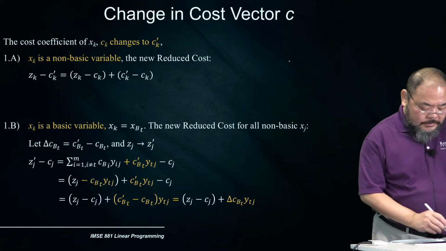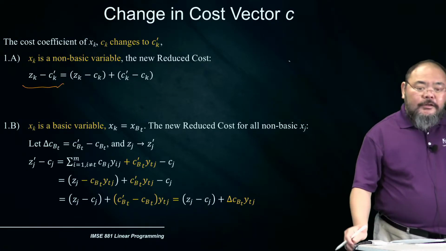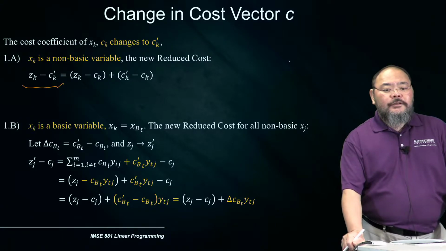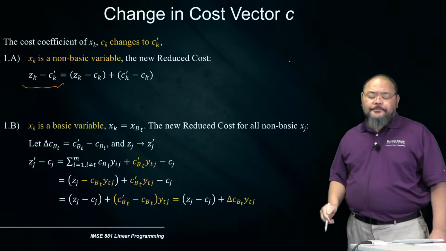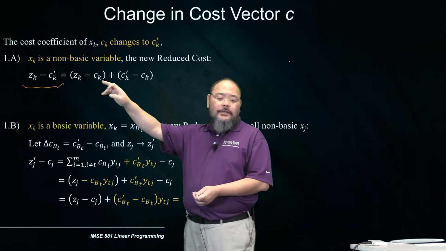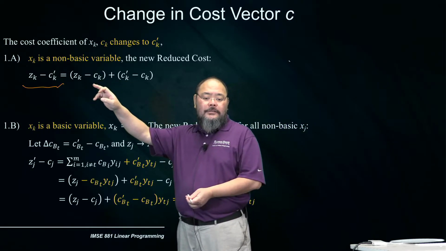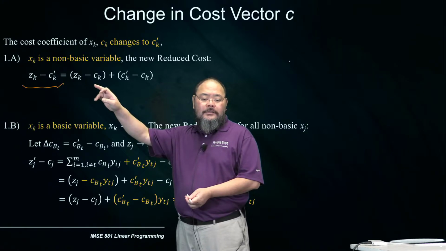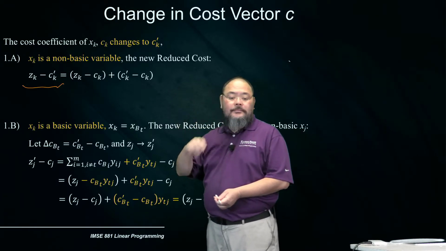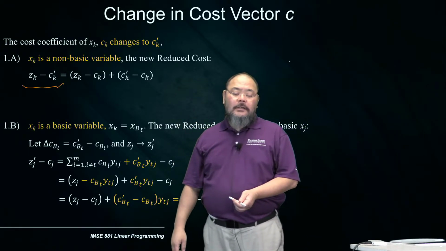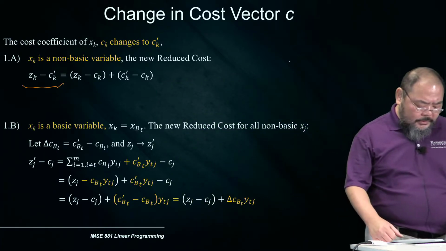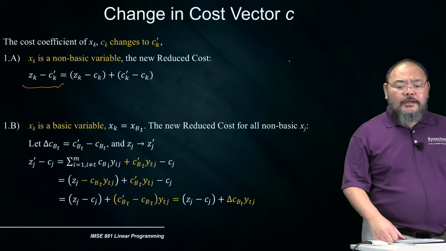So if the cost changes and the current xk is not a basic variable, then the new zk minus ck is just the original zk minus ck, plus the change between the cost ck and ck prime. So that's the new zj minus cj reduced cost portion.